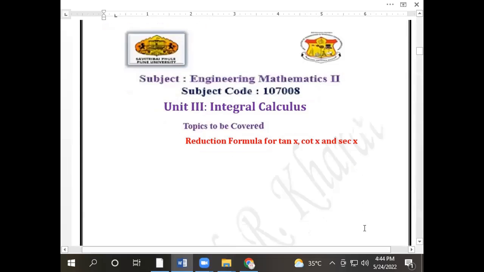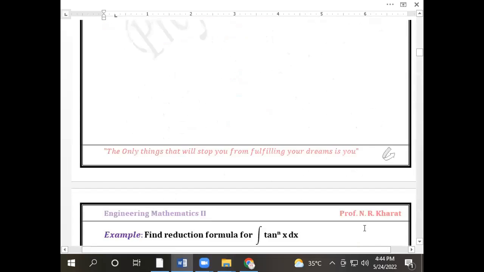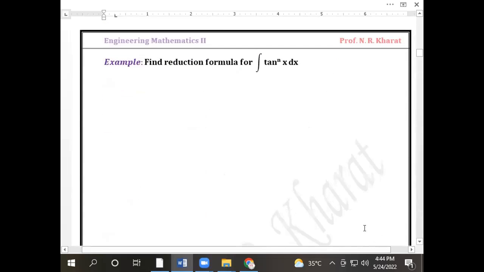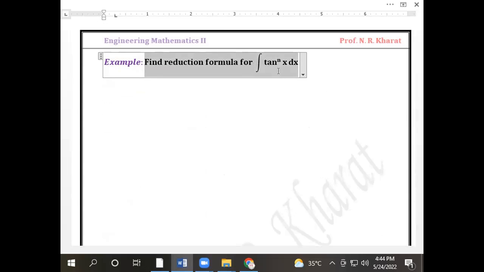So we will start first with the reduction formula for tan x, and the example is: find the reduction formula for integration of tan raised to n x dx. In this integration, the limit is not given.